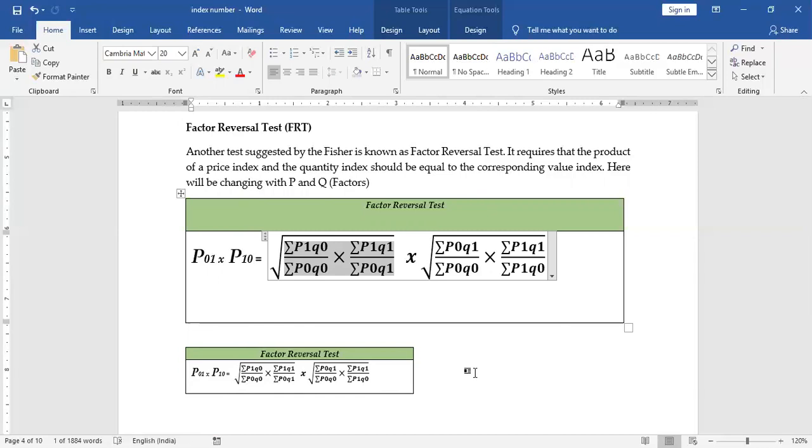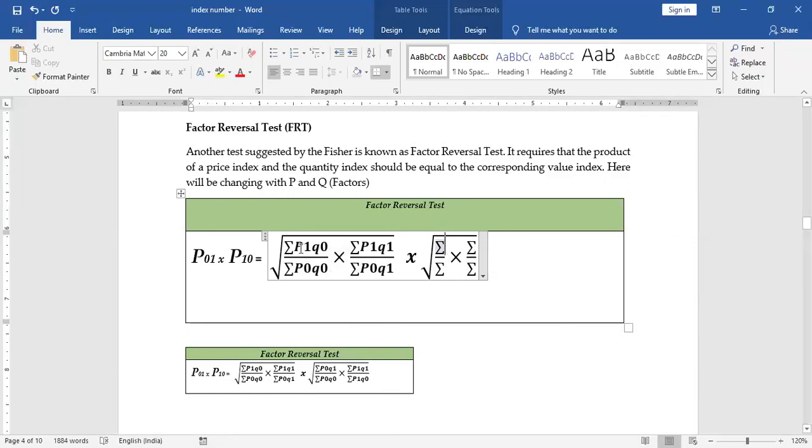What factors? Instead of P, we'll be using Q. Okay, I'll change it now. You can also solve along with me, and I have recorded first Laspeyres' and Paasche's.